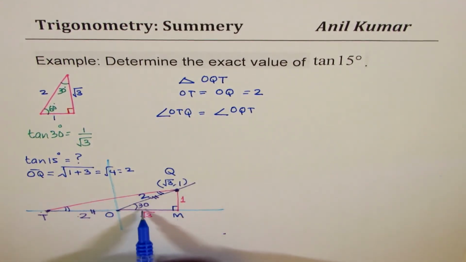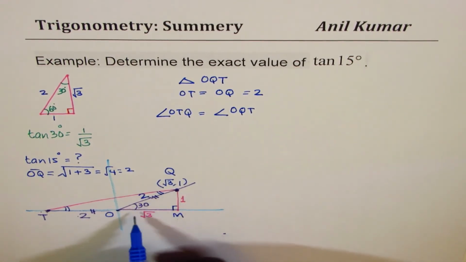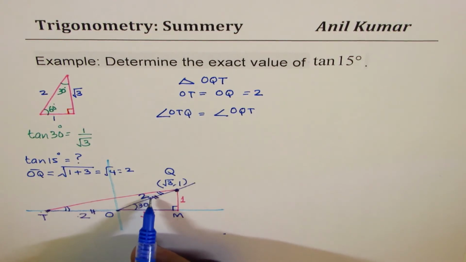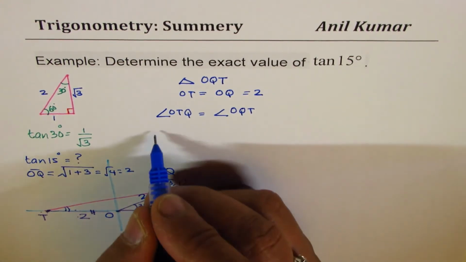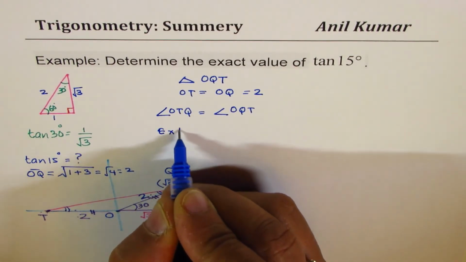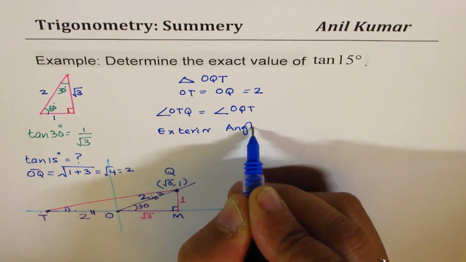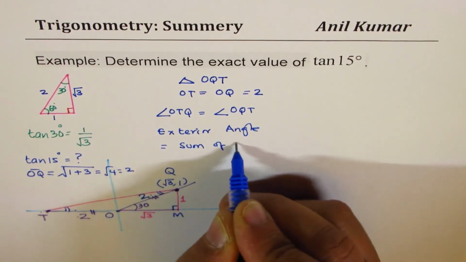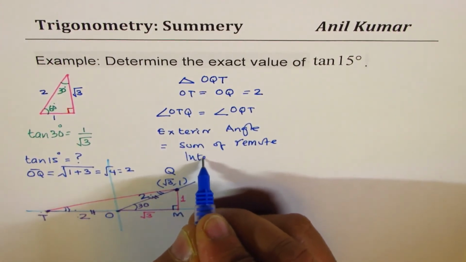Perfect. Now since 30 degrees is an exterior angle, that is the sum of 2 remote interior angles. Yes, we know the exterior angle is equal to the sum of the remote interior angles.